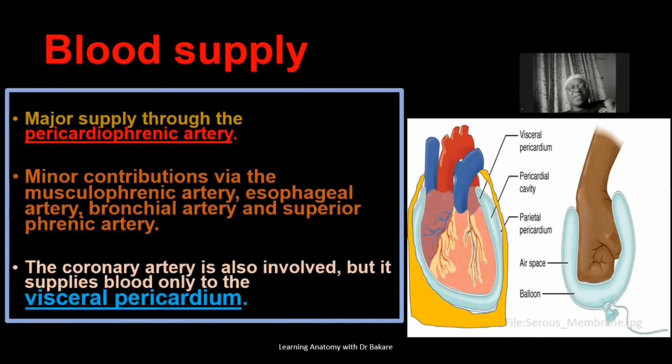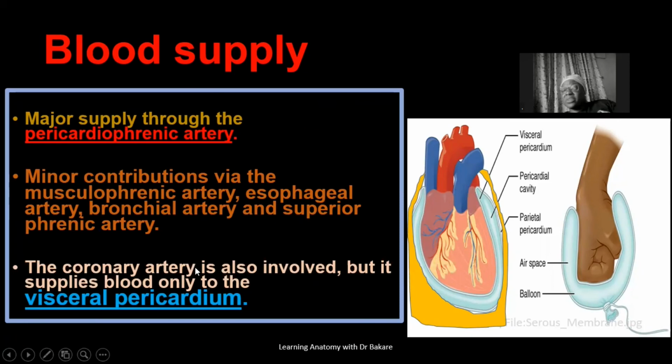Then we also have the coronary artery, but the coronary artery supplies only the visceral pericardium. The coronary artery supplies the heart tissue with oxygen and nutrients. We would not say that because the heart pumps out blood, it does not also need to feed its own cells with oxygen and nutrients. And that is why we have the emergence of the coronary artery around the ascending aorta to supply the heart with oxygen and nutrients.